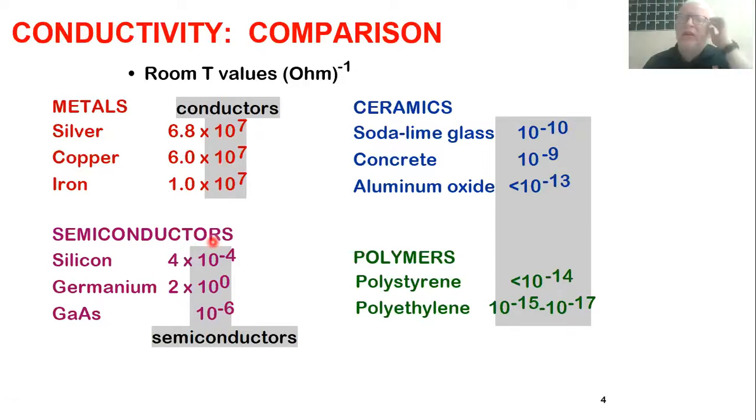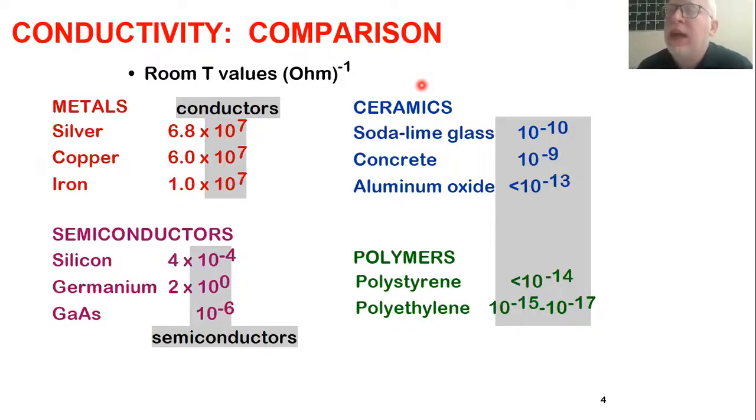Accordingly, as electrical engineers, we start to give names to these three families. Those materials where the conductivity is very high, we call conducting materials or conductors. On the other hand, the right hand side family where the conductivity is very low, we call insulators, or non-conducting materials, or dielectric materials.